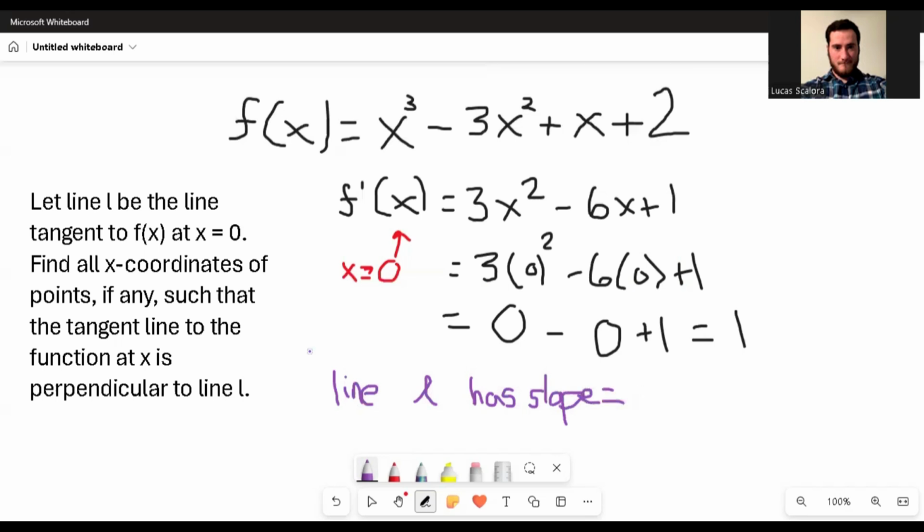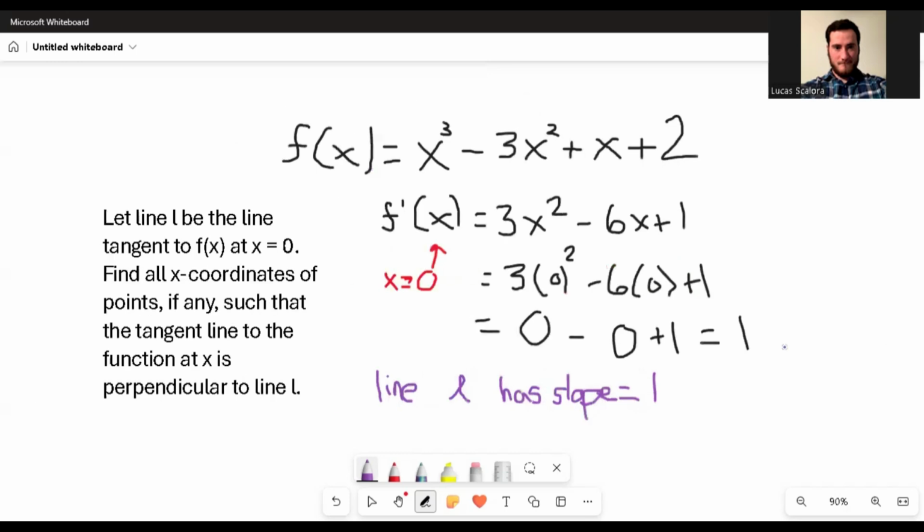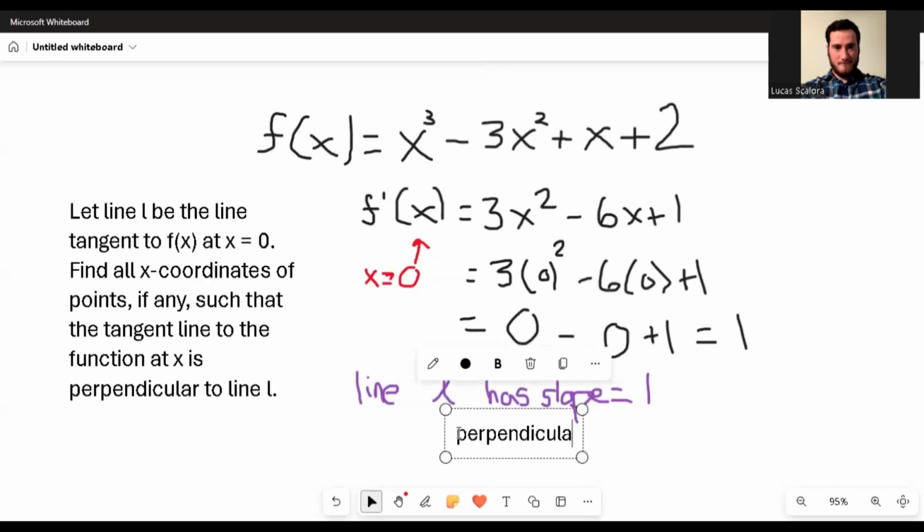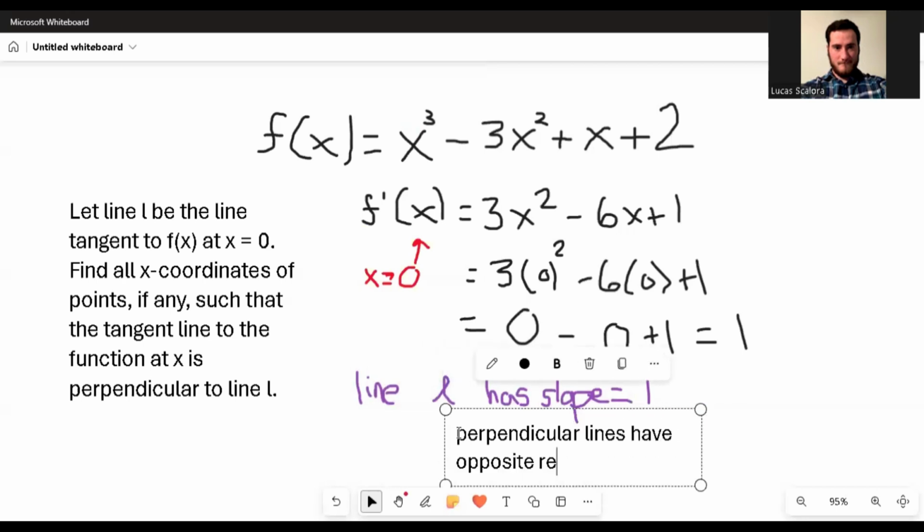Okay, but now we want to find the x coordinates such that the tangent line to the function at x is perpendicular to line L. Well, what does it mean for lines to be perpendicular? Perpendicular lines have opposite reciprocal slopes.